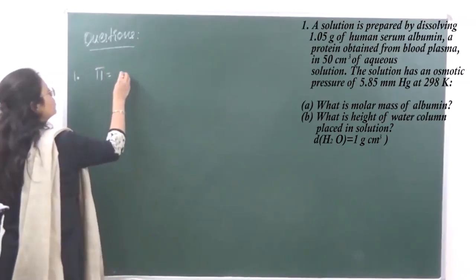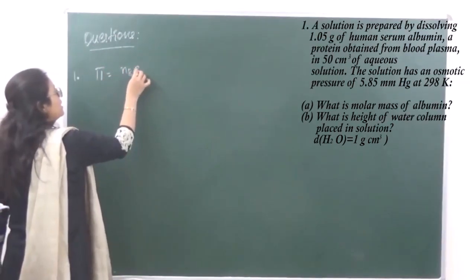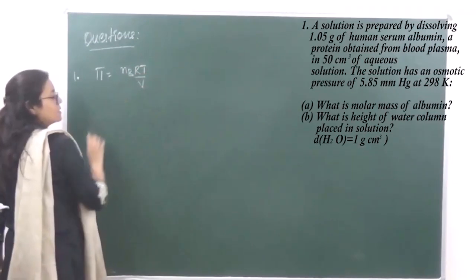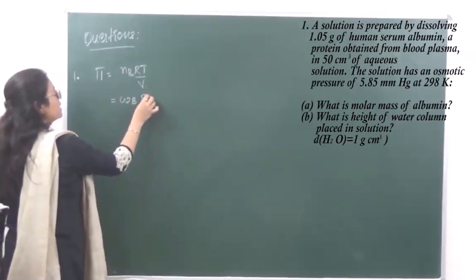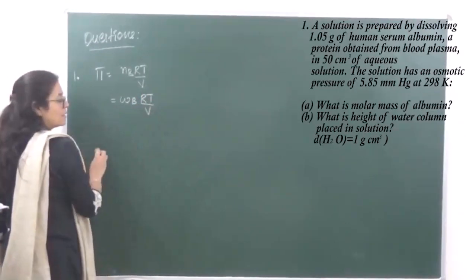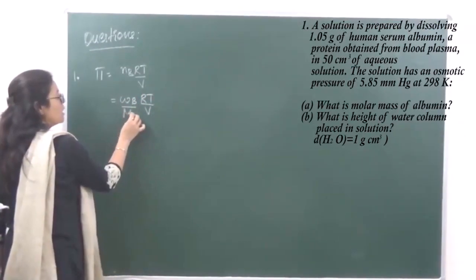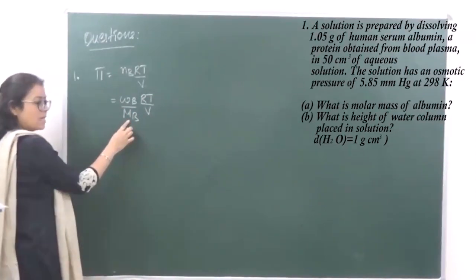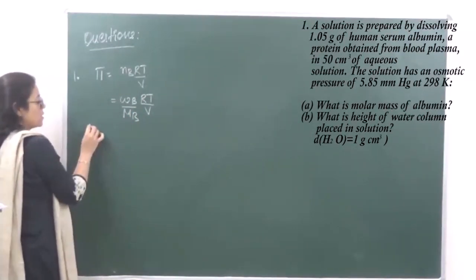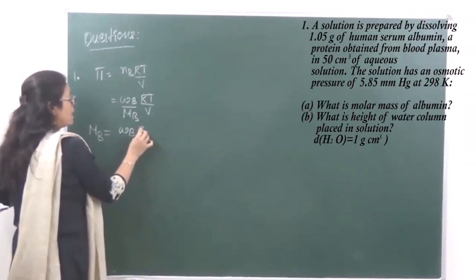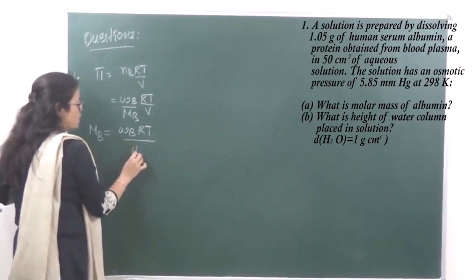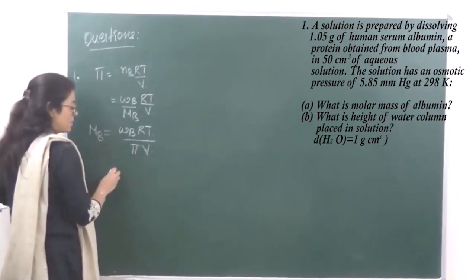Pi is equal to nB RT upon V, and nB is equal to WB upon molar mass. The question is asking us to calculate the molar mass. So molar mass will become equal to WB RT upon pi V, right?